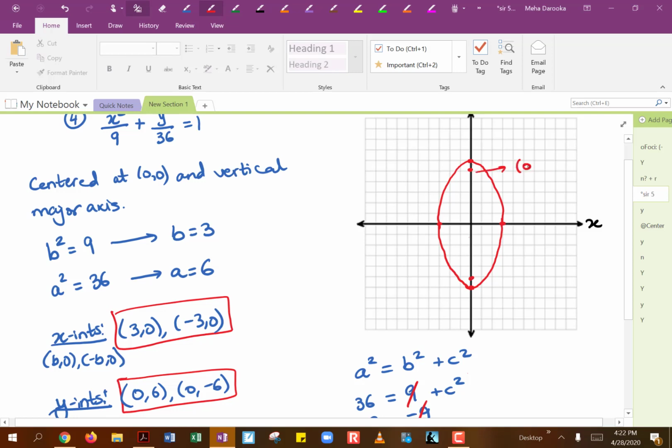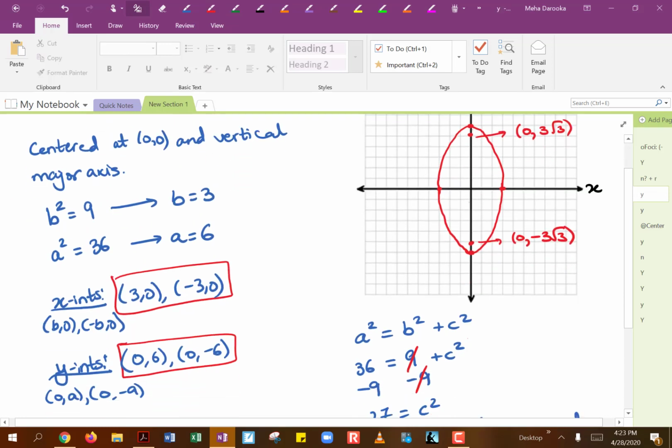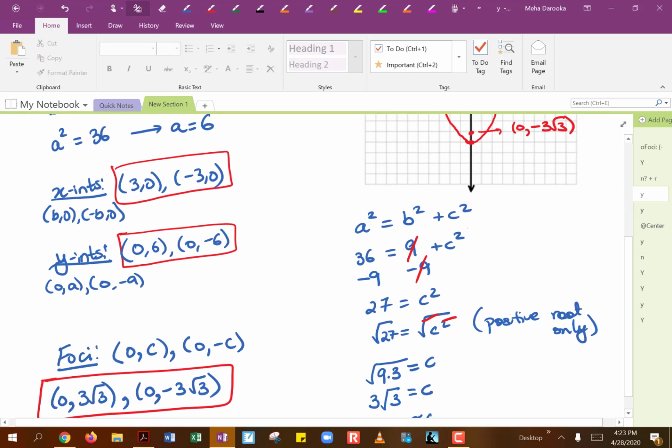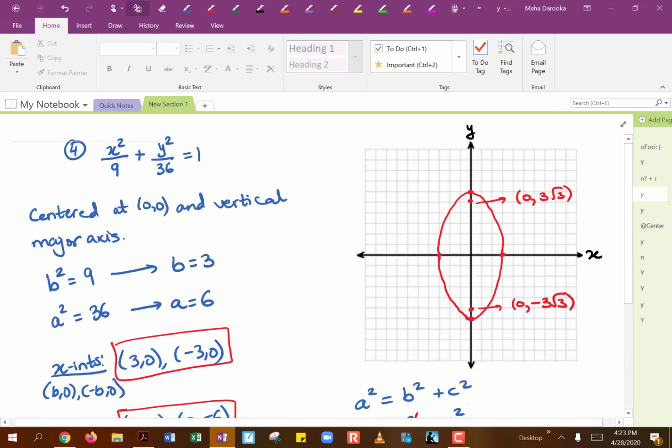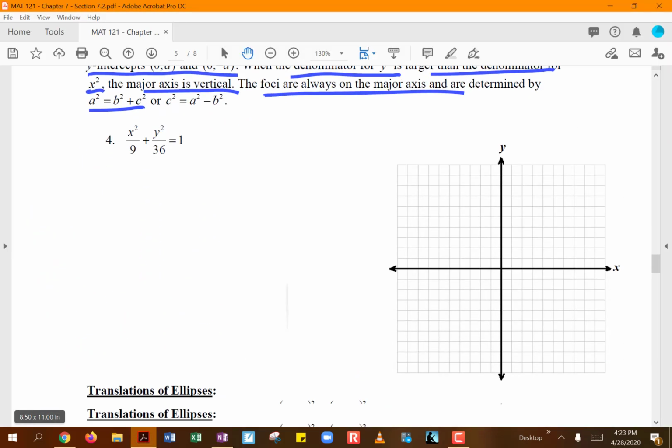So this will be our foci at (0, 3 square root of 3) and (0, -3 square root of 3). So those would be the foci. Okay, so here we have our x and y intercepts to help us graph the ellipse, and then how to come up with the ordered pair for our foci. Okay, so that's example 4.